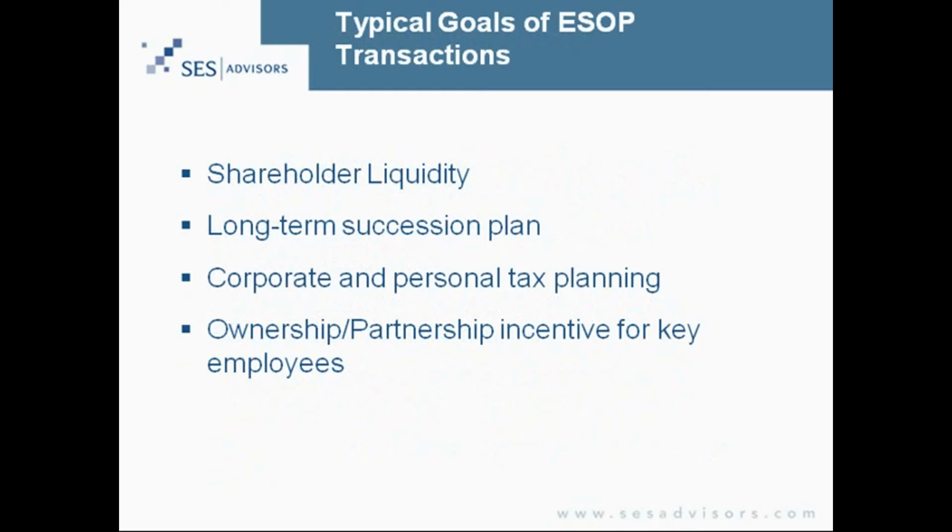The sale to the ESOP creates a tax benefit, a tax shelter, for the shareholder selling the stock. If it's a C corporation, they can elect capital gains deferral. We're not going to get into too much detail about that, but it's an attractive tax benefit for the selling shareholder. There are also ESOPs created primarily as an employee benefit, particularly for key employees, as a means of creating employee ownership interest within the company on a tax-advantaged, tax-deferred basis.